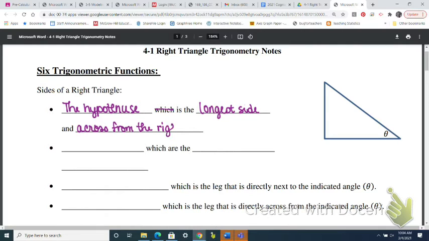When we label this on the triangle, we will label it with an H or HYP, either one. So since my right angle is right here, the hypotenuse will be right here.